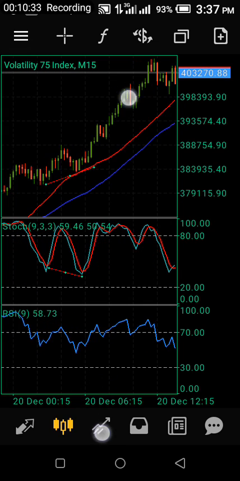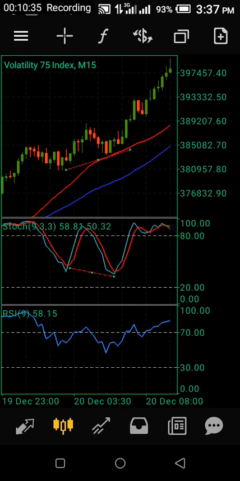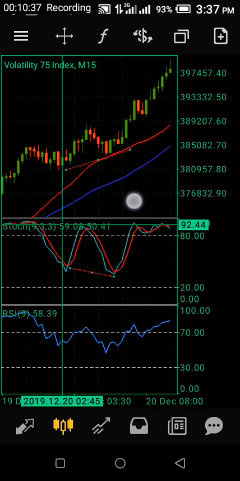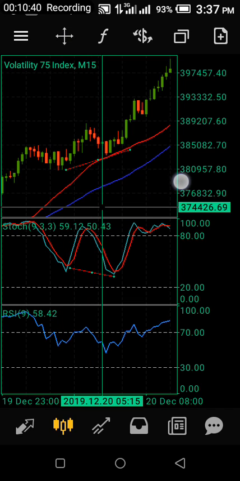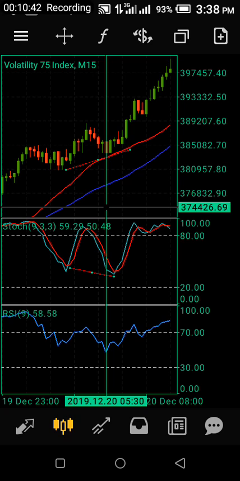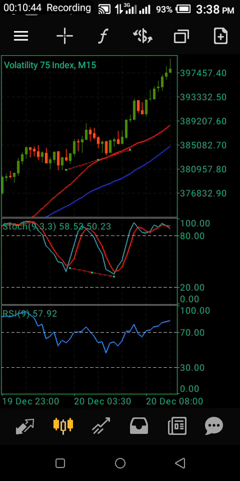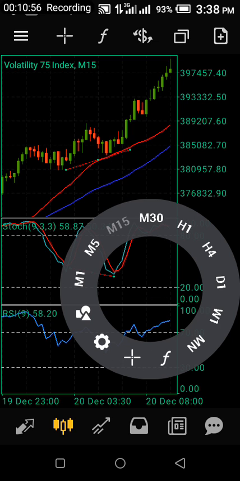Look, our hidden divergence is from here to here. Then you now draw another trend line on the RSI. Once you draw another trend line on the RSI, we'll be looking for breakouts. So how will you draw it on the RSI?